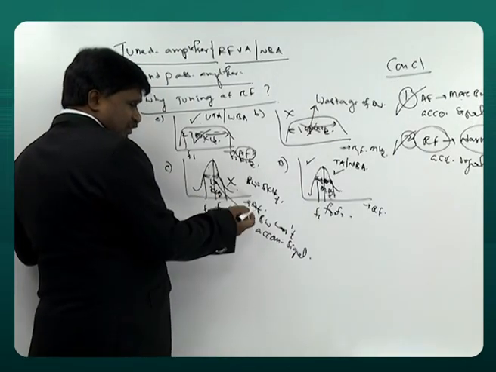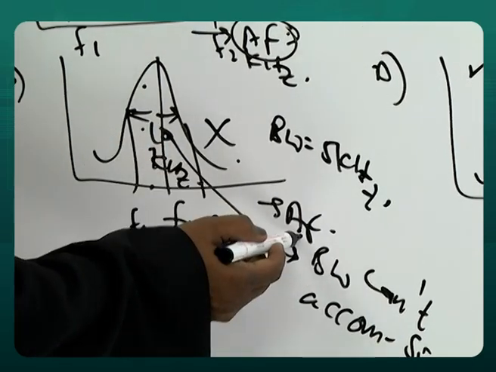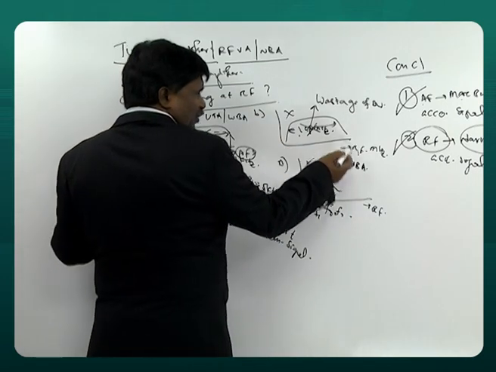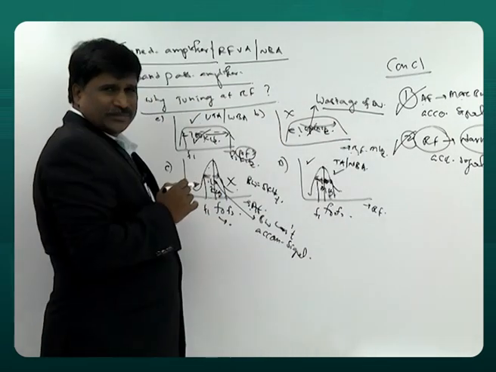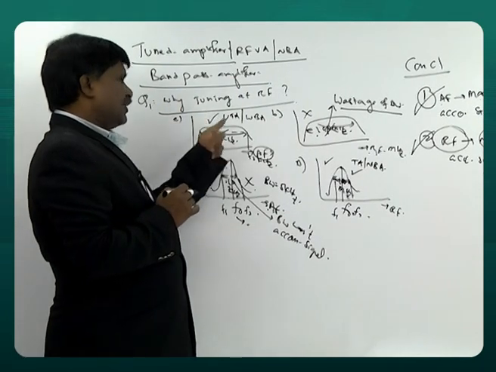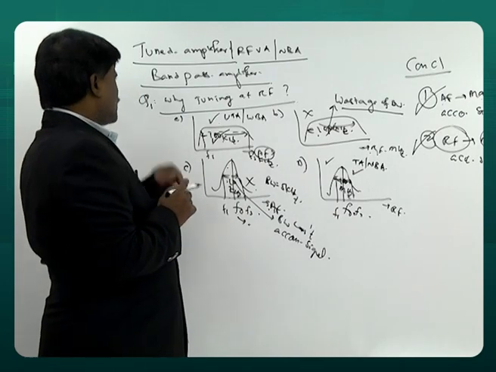And narrow bandwidth at audio is also not accepted. Narrow bandwidth at audio cannot accommodate the signal. Wide band at radio, wastage of bandwidth. That's why, the first question, we definitely need tuning at radio frequency. That's the answer to my first question.